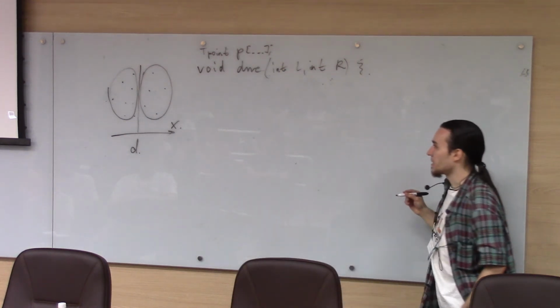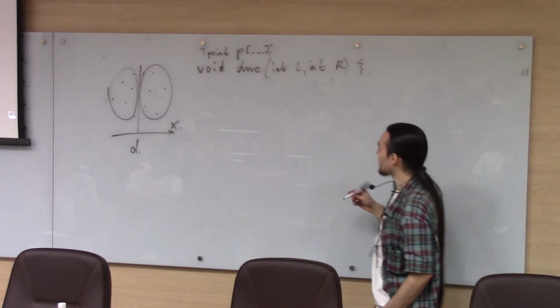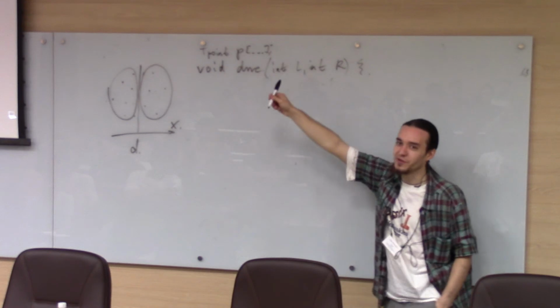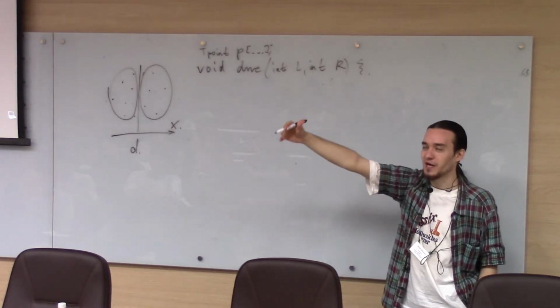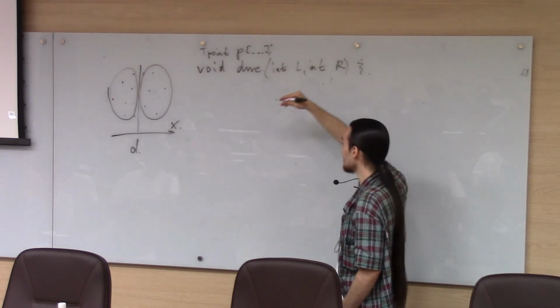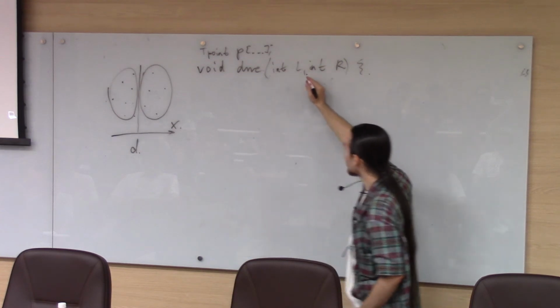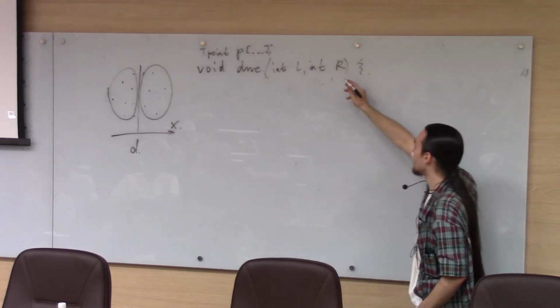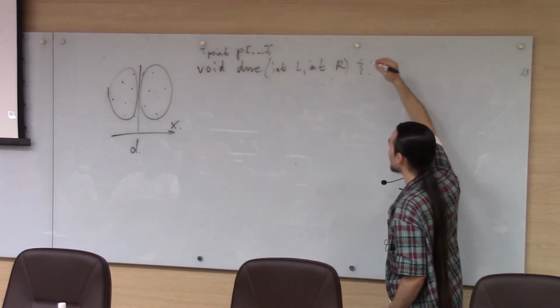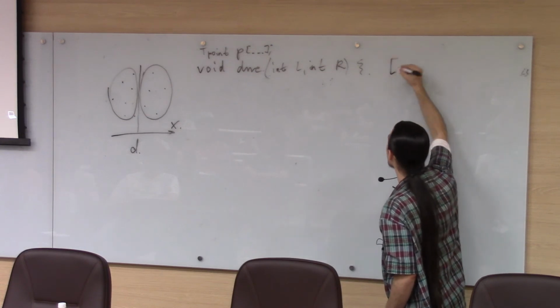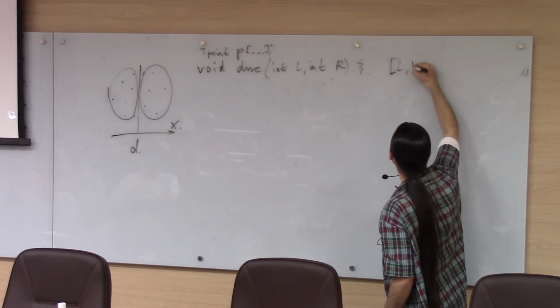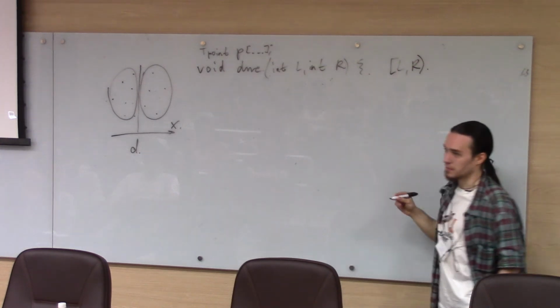Okay. I'm a fan of the approach that whenever you have a range, you want to use a half-interval. So in fact, when we have L and R, we are considering all points with their indices in this set.